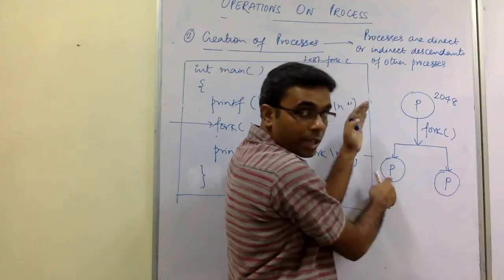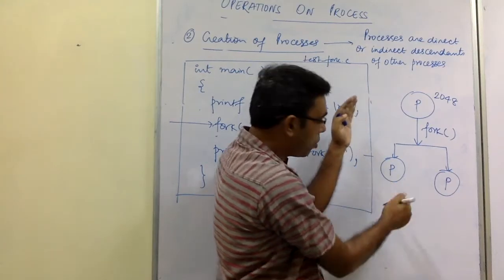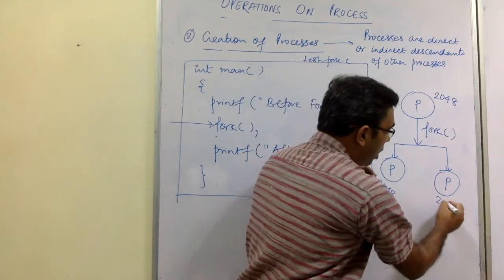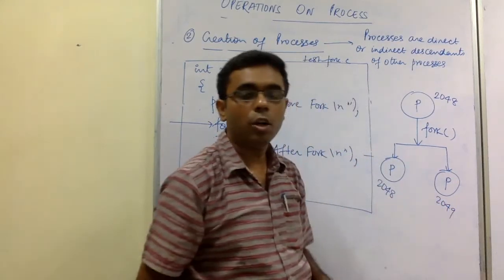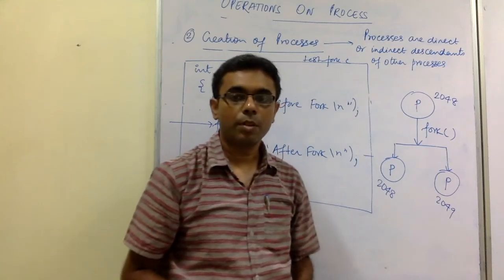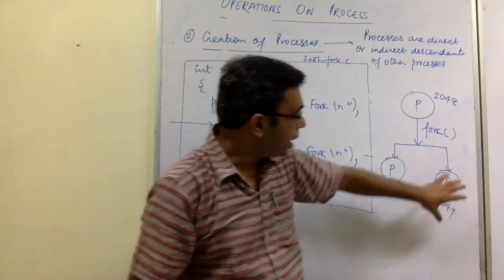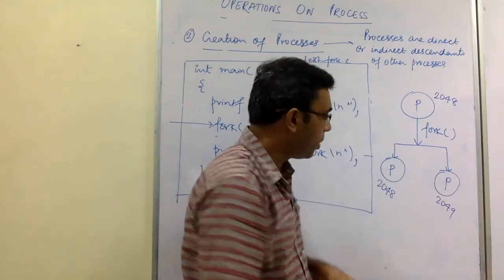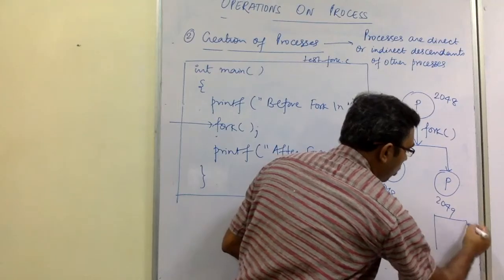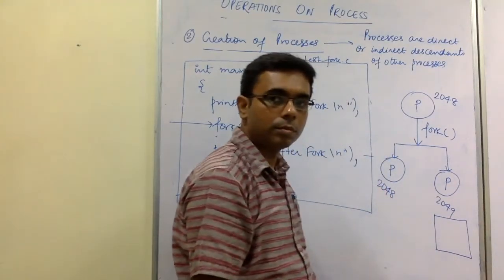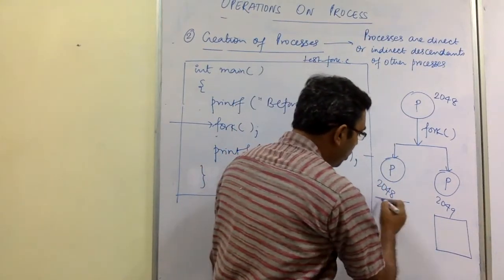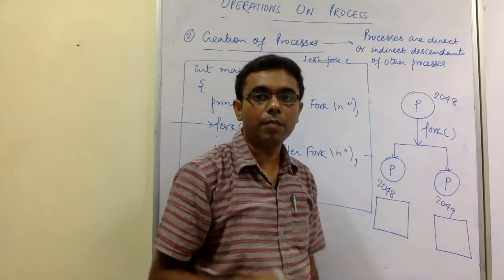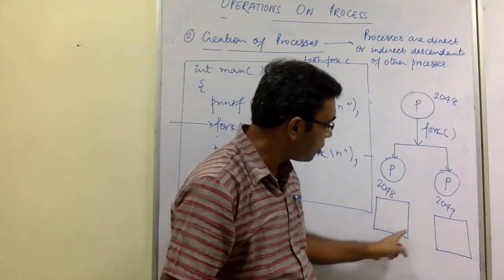This is the process that actually had made the fork system call, the 2048, and this creates one more process with a new process ID 2049. Which means that this is a new process that is created, and if it is a new process, it automatically means that this process will also have its memory image. So 2048, which was the process that had made that fork system call, has its own memory image.